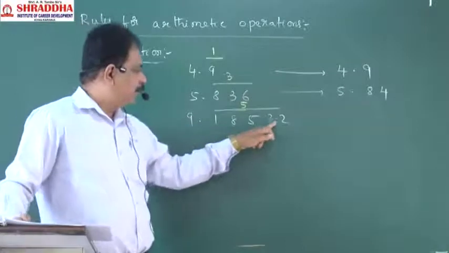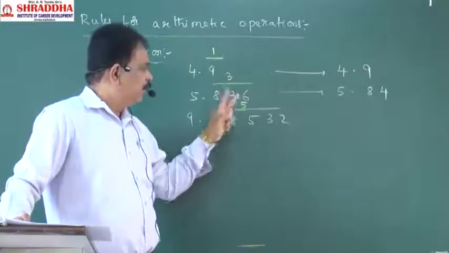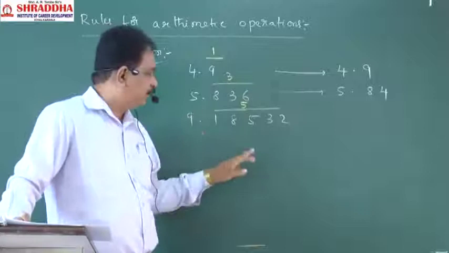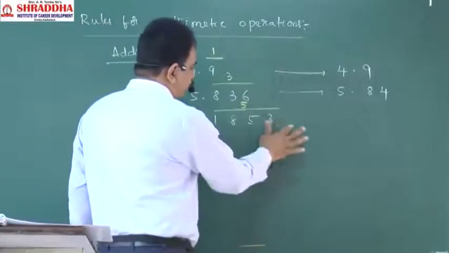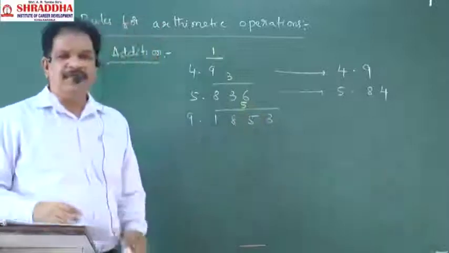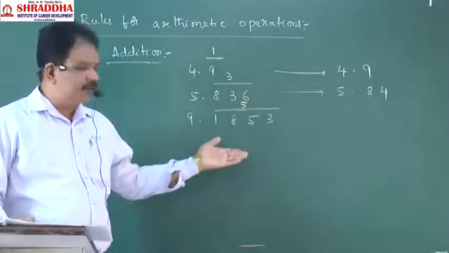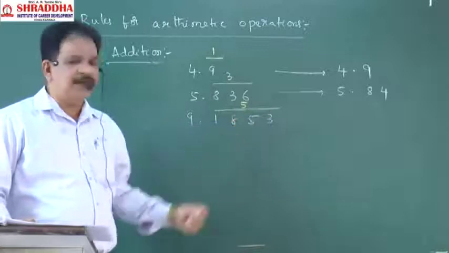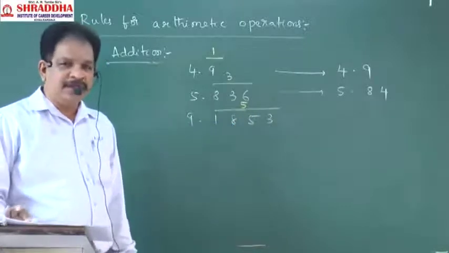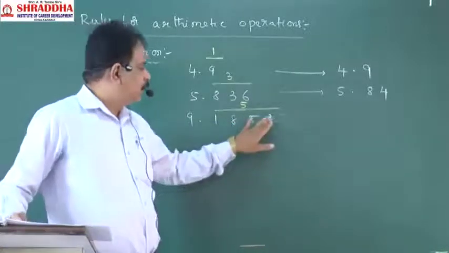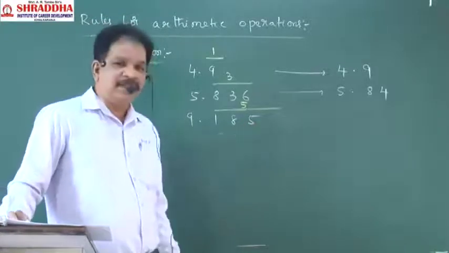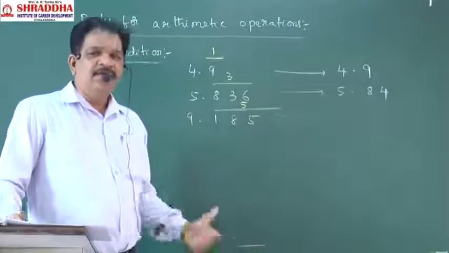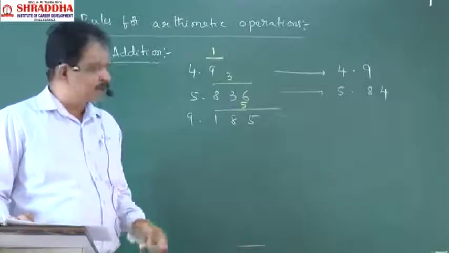Here 5 are there. We have to round it to have two significant figures. Discard 2. For the preceding digit, nothing will happen because that is less than 5. 2 is less than 5, so for the preceding digit nothing will happen. Discard this 3. The preceding digit does not change because this is less than 5.